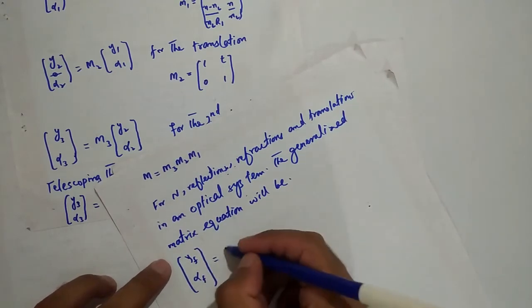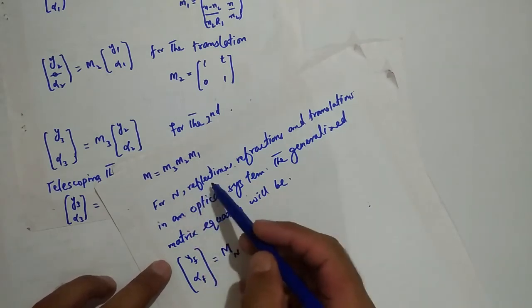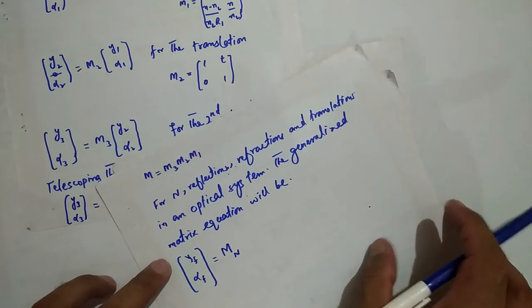This will be equal to Mn, because I have written n number of reflections, refractions and translations.